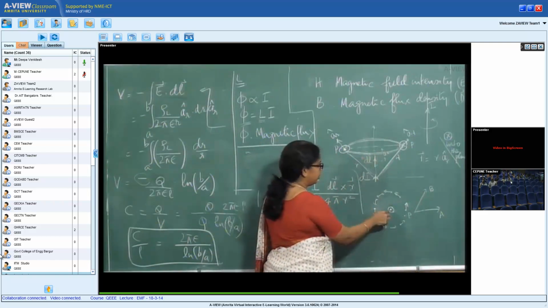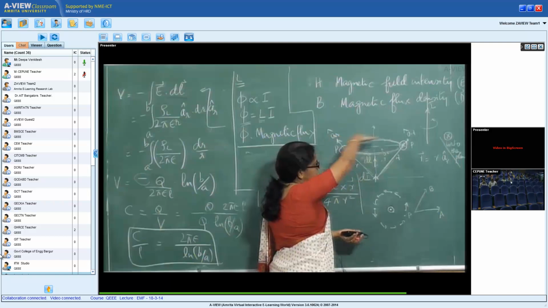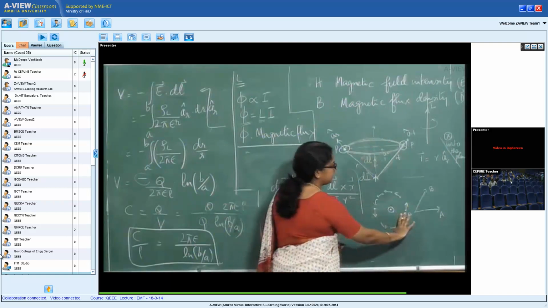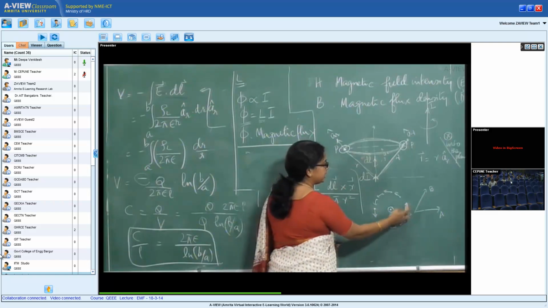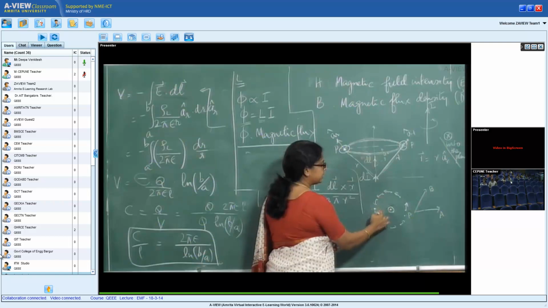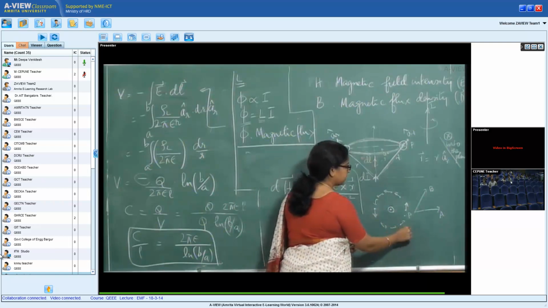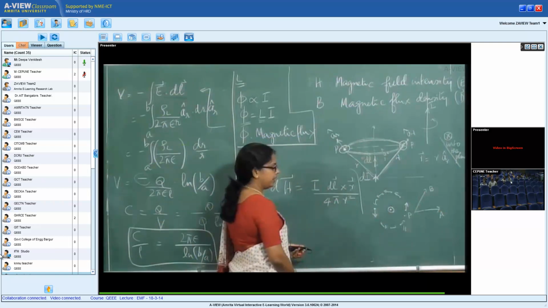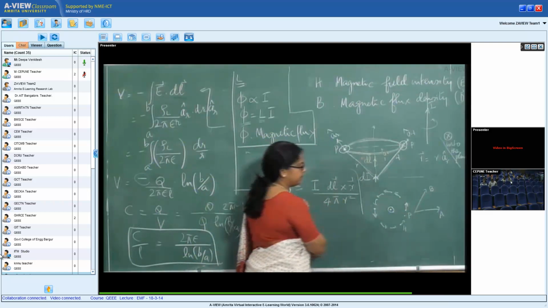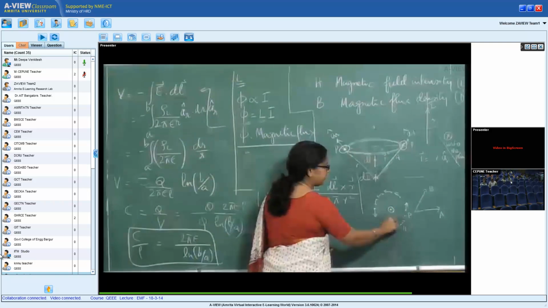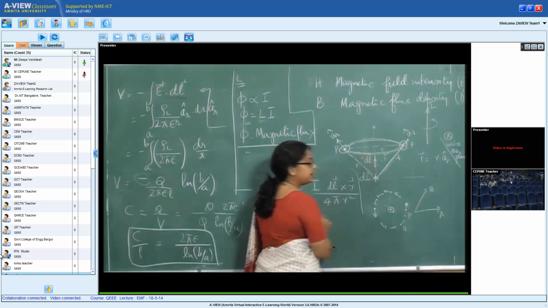If I draw the same thing by looking from the top, my current direction is outward, and H is continuously in this direction. This arrow marks the direction of H. Remember, the size of my arrows are all the same because the distance of all these points from the current-carrying element is the same.